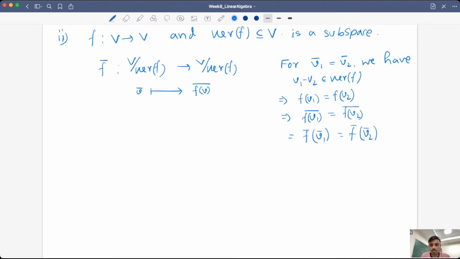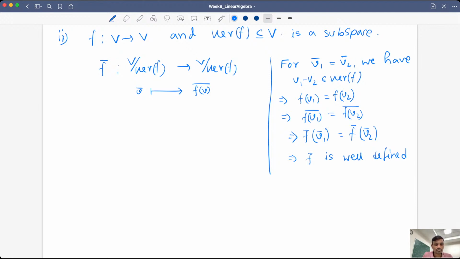So this implies f bar is well defined, but this is in general actually true. In general it is true whenever you have such a map. Okay, so f bar is a well defined map.